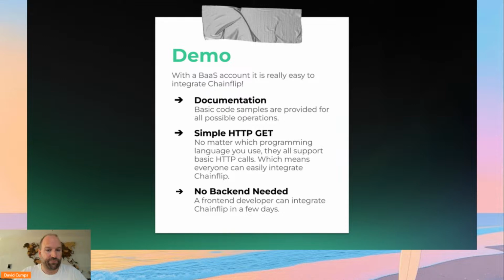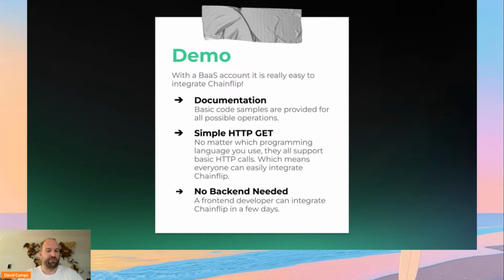You registered. The basic code samples, which I will show in a minute, are provided in the documentation. Broker as a Service is set up as a simple REST service, so you don't need to do RPC calls or use specific libraries. Any programming language that can make HTTP calls can integrate Broker as a Service.